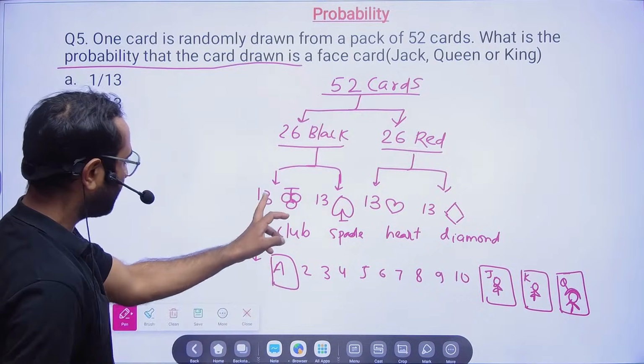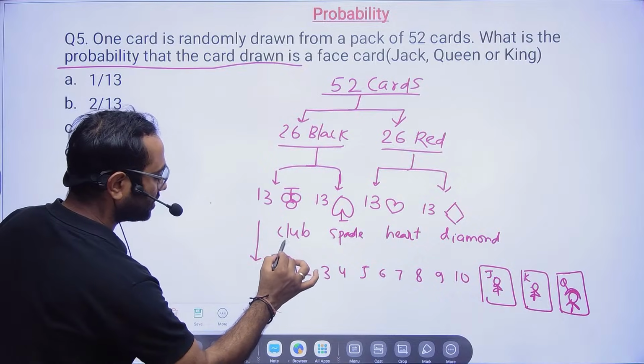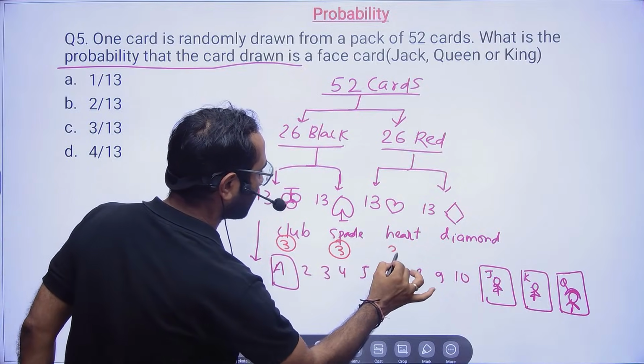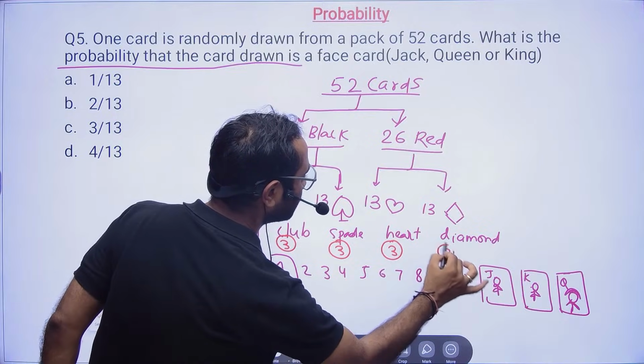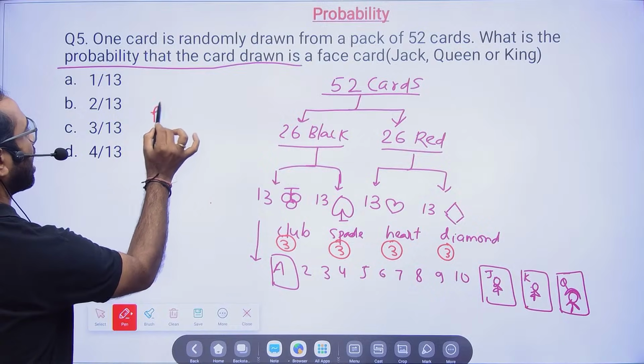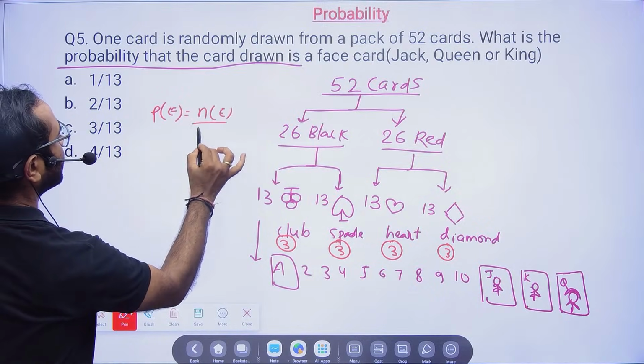Okay, so every 13 cards will have 3 face cards. Now what they're asking, what is the probability that the card drawn is a face card? So it will be NE divided by NS.